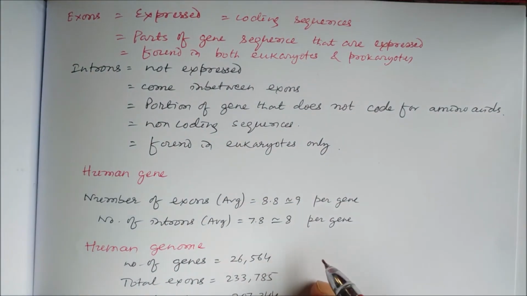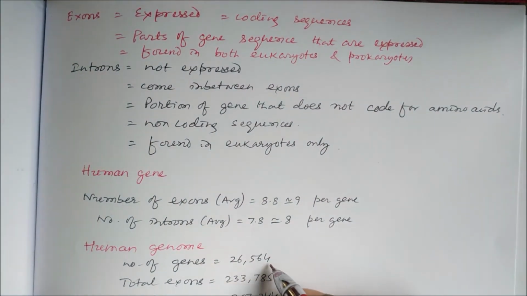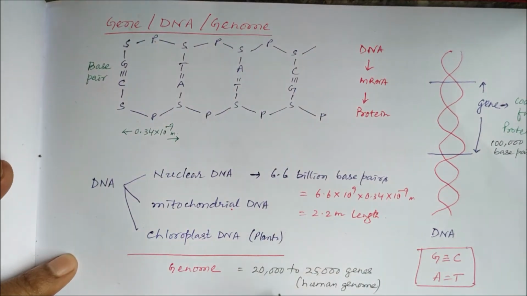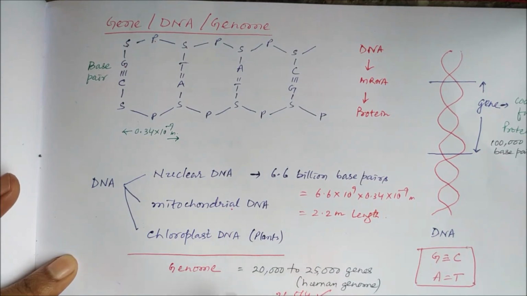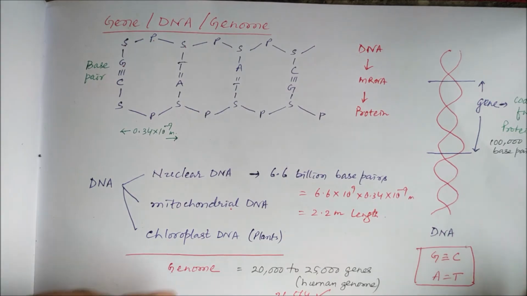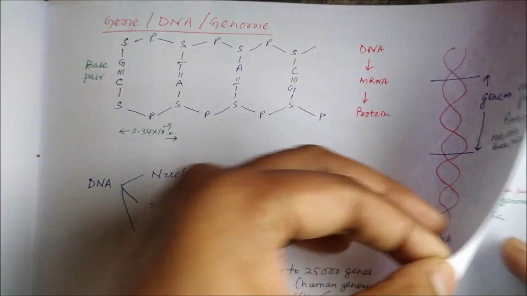The number of genes is 26,564 in the human genome. So this is the difference between gene, DNA and genome.